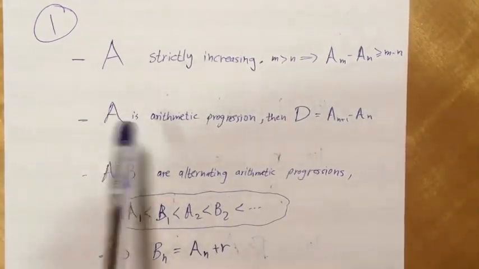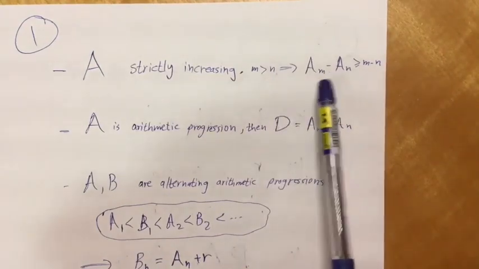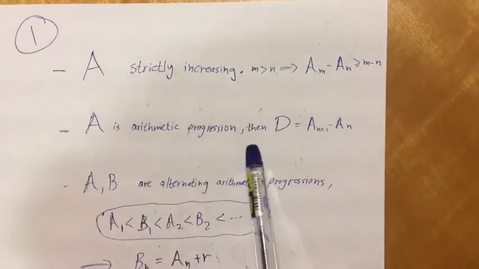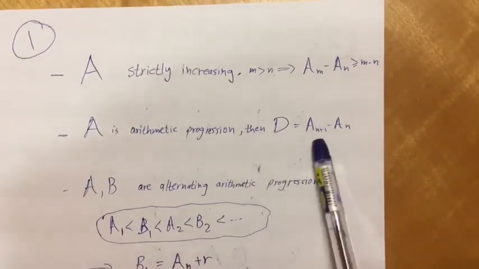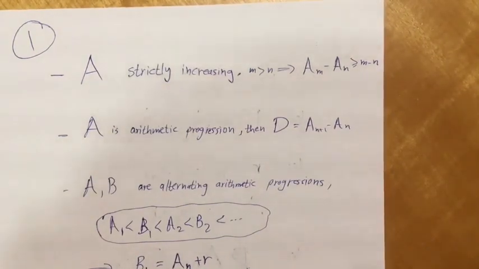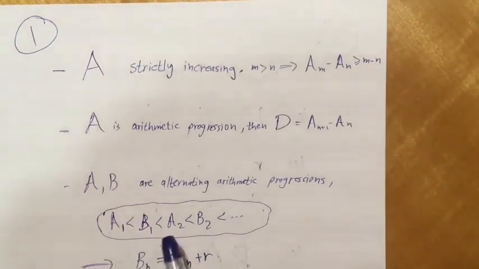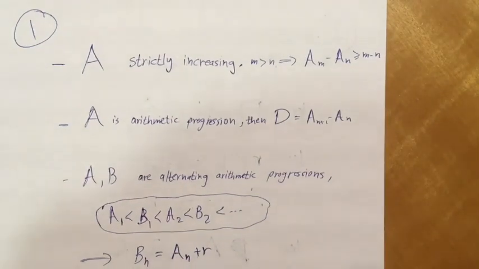And the conclusion was if A is a strictly increasing sequence and M is bigger than N, then Am minus An is at least M minus N. If A is an arithmetic progression, then by definition there is D such that D equals An plus 1 minus An. And finally, if A and B are alternating arithmetic progressions, namely A1 less than B1 less than A2 less than B2 and so forth, then Bn is merely a shift of An, or Bn equals An plus R.